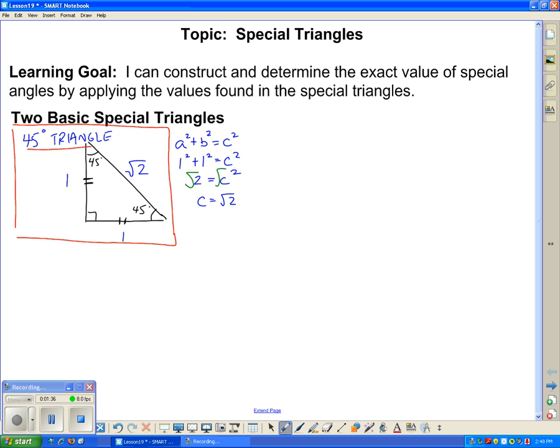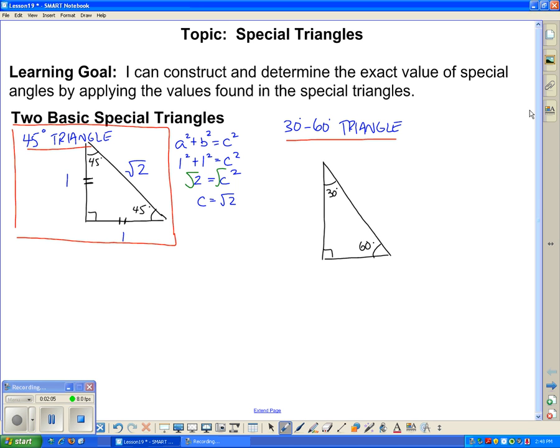All right. The second special triangle is what we call the 30-60 triangle. 30-degree, 60-degree triangle. And again, it's a right angle triangle. So draw another right angle triangle, and probably guessed that the angles inside will be 30 degrees and 60 degrees.